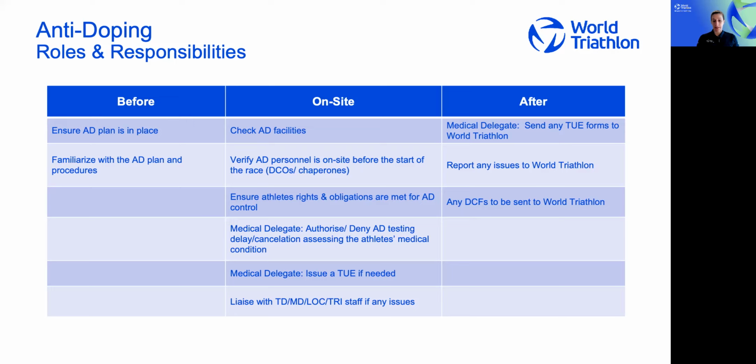And either the technical delegate or the medical delegate should liaise together with the local organizing committee and any World Triathlon staff if they are in place, if any issues occur. After the event, the medical delegate should send any TUE forms if used to World Triathlon, report any issues to World Triathlon, and any doping control forms should again be sent to World Triathlon if they were used.